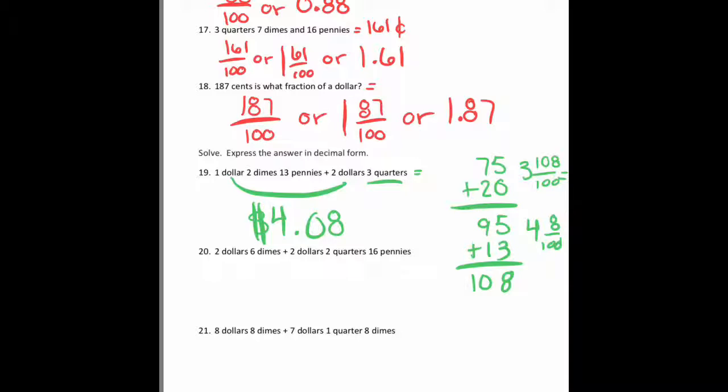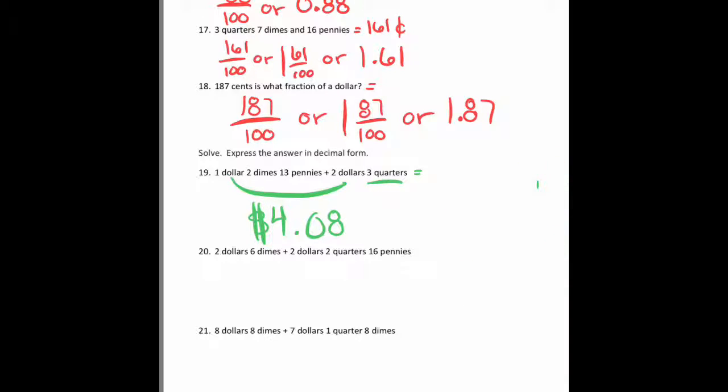Okay, let's do the next one. We have number 20. I can add the dollars first. I'm going to erase all this work so it's not in the way. And $2 plus $2 would give us $4. But let's see what happens when we add these coins together. So we have 6 dimes, which will be 60 cents. We have 2 quarters, which will be 50 cents.